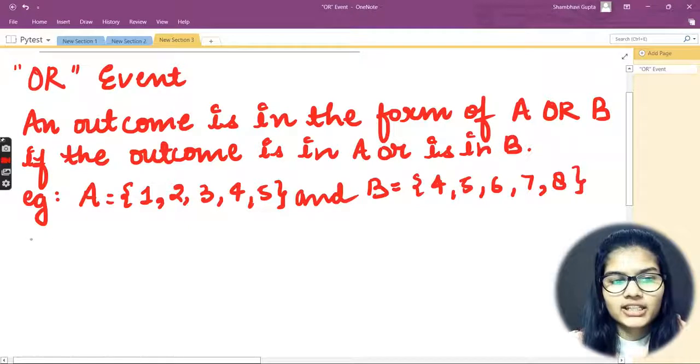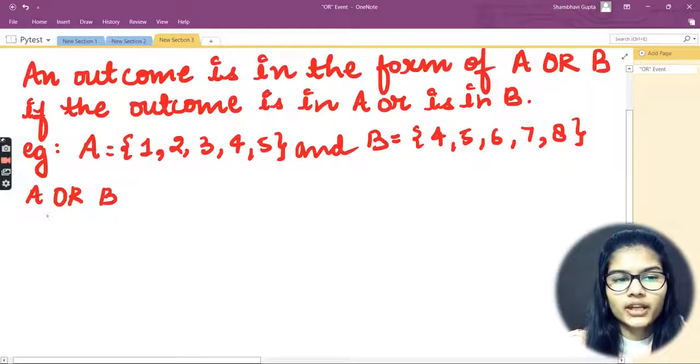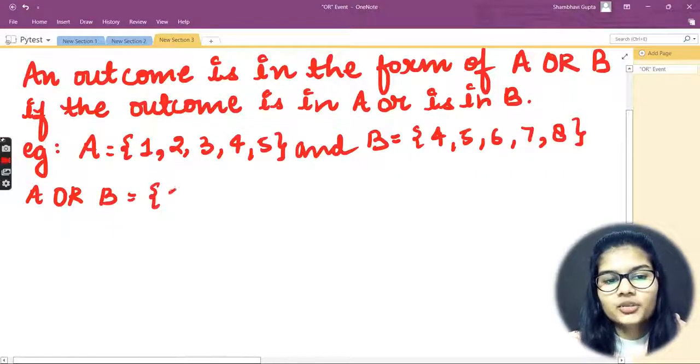Now if I have to write A or B, first of all listen to me very clearly, this is the denotation of how you write A or B. Whatever numbers you have in A and B, you will mention all of those. If a number occurs in both A and B, you write that number only once.